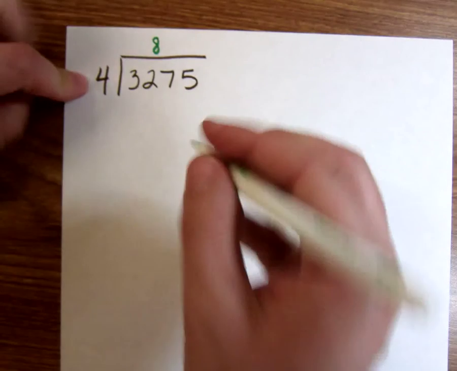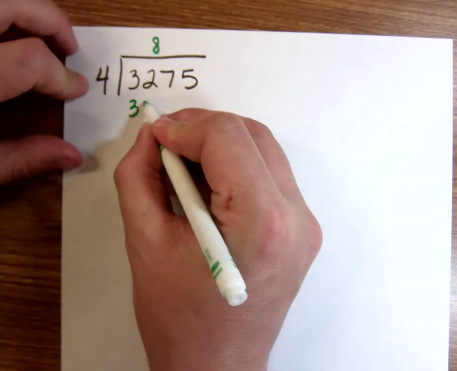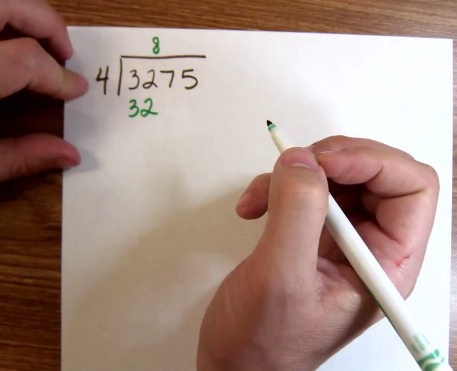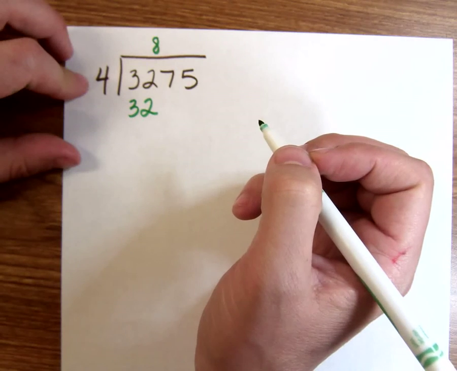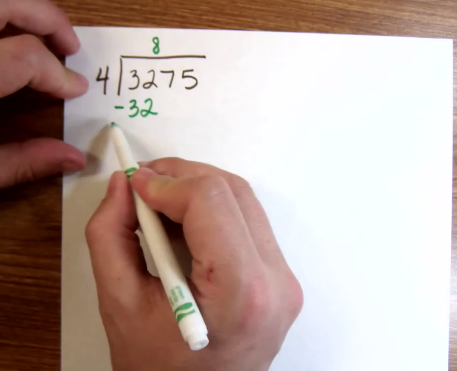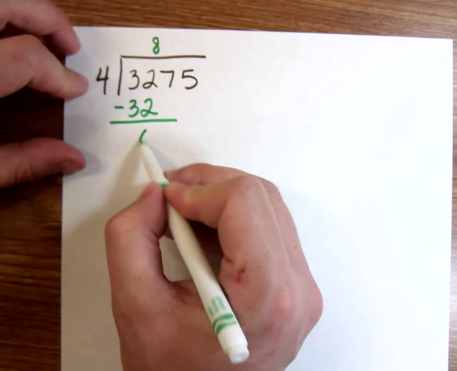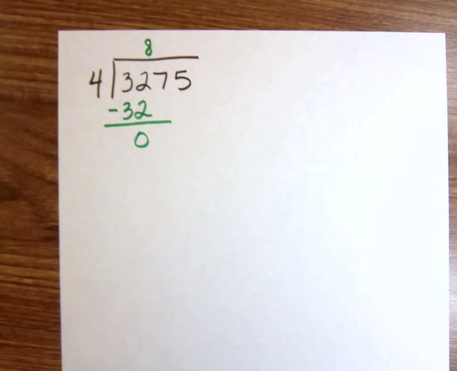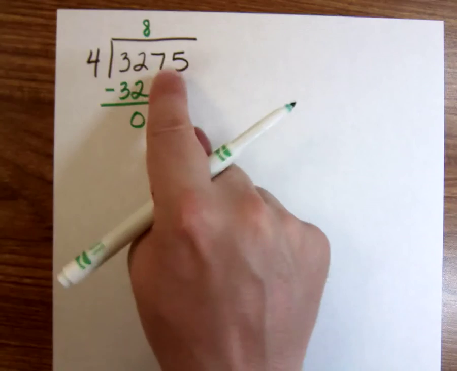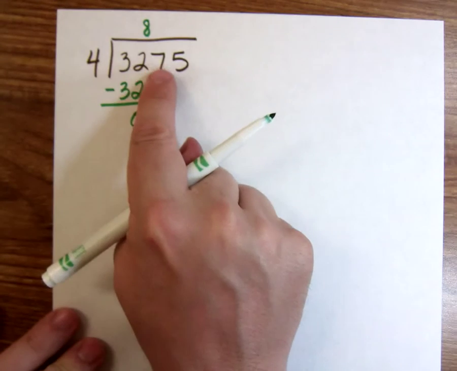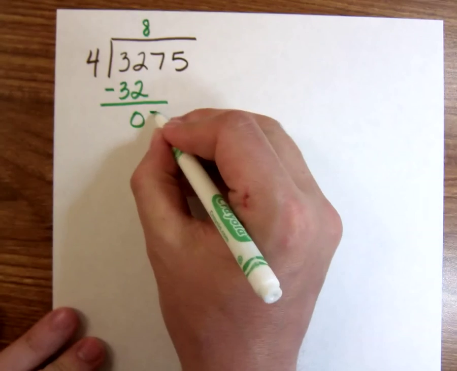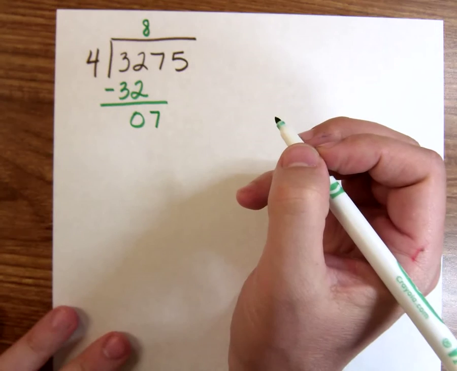8 times 4, right? Which is 32. Then what? Subtract. 32 minus 32 is 0. Bring down the 7. Now really, that's not a 7. It's really a 70 because it's in the tens column. So we're bringing down 70.